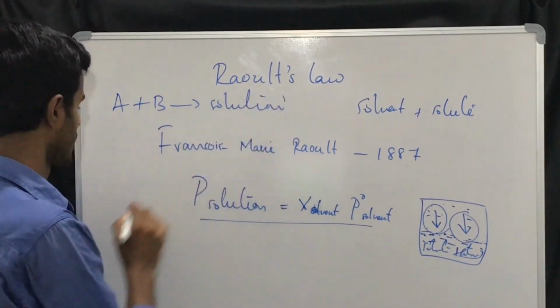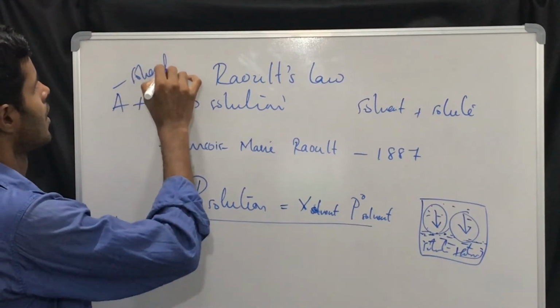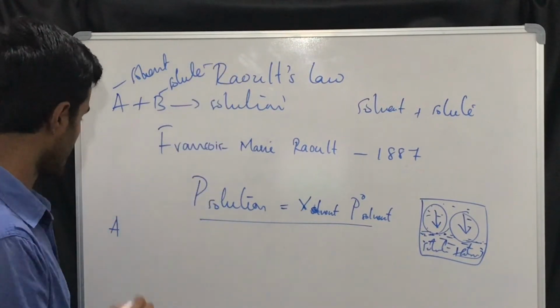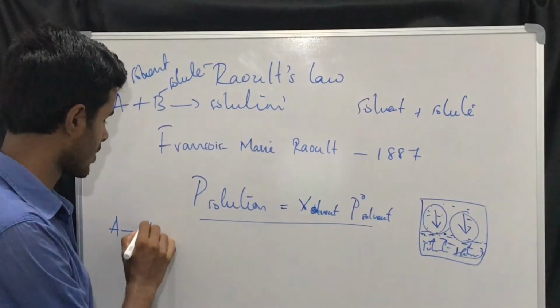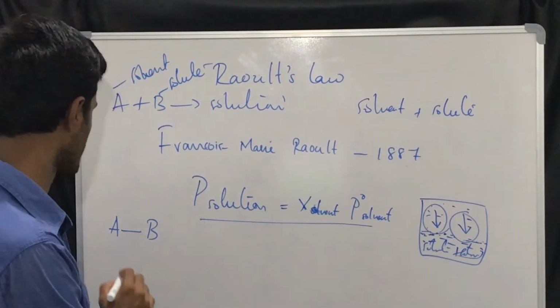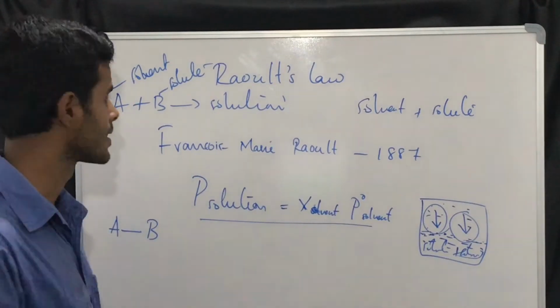Suppose A is the solvent and B is the solute here. A must have interaction with B; the solvent should have interaction with the solute. So there will be a number of A-B interactions in the solution.